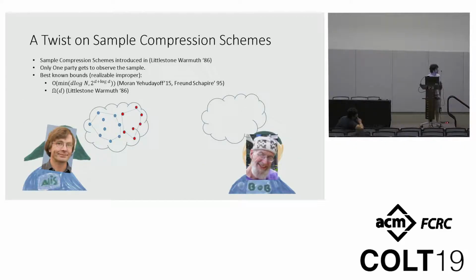If you are familiar with sample compression schemes, then this might be familiar. Sample compression schemes were introduced by Littlestone and Warmuth. It's a very similar setting, only the difference is that in sample compression, only one party gets to observe the sample. So for example, here, Manfred gets to see the sample, and he needs to transmit to Littlestone a sample that will help him learn the true classifier. For half spaces, for example, it is known that you can send the support vectors.